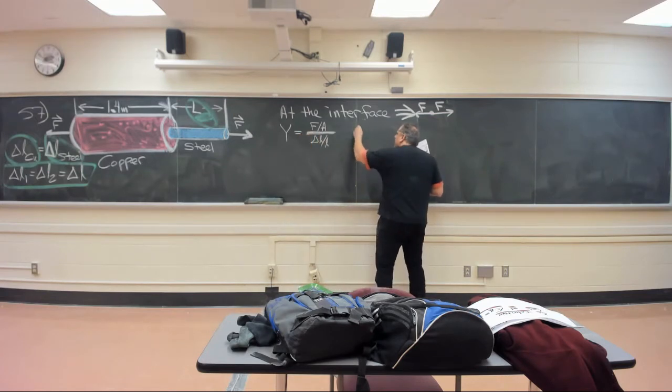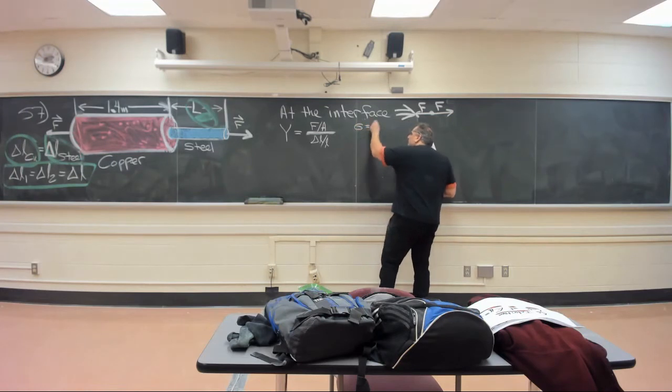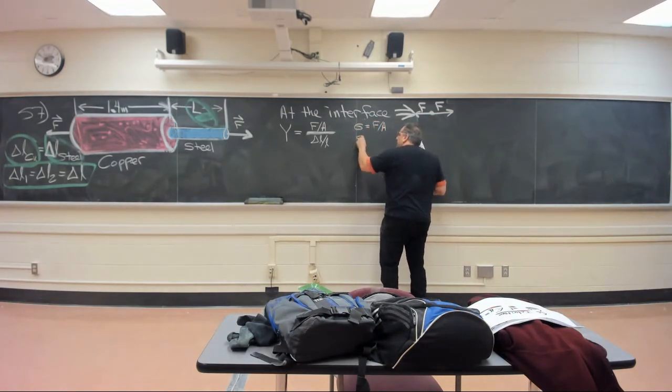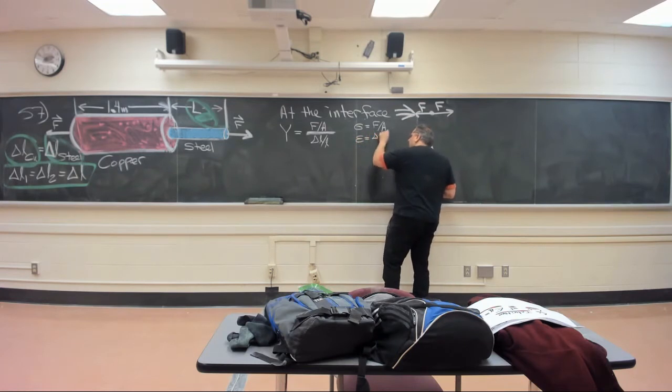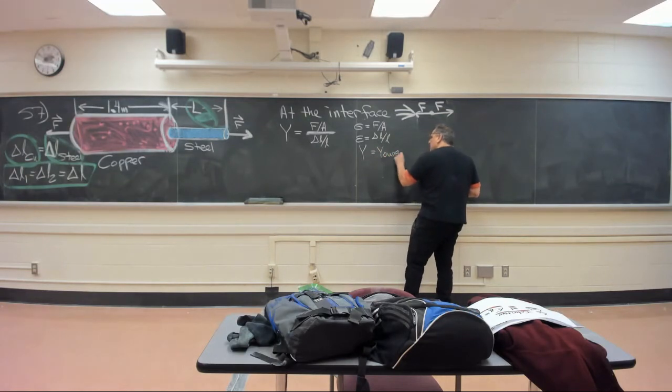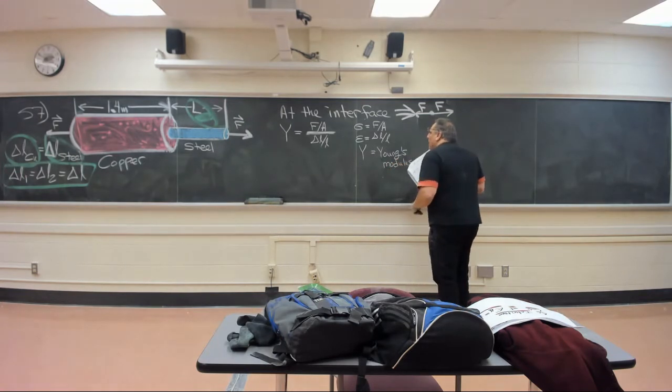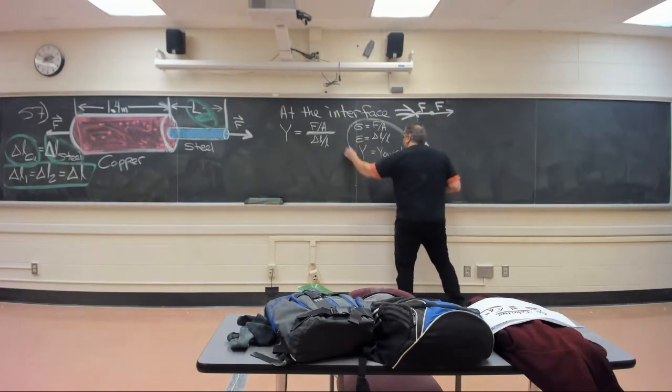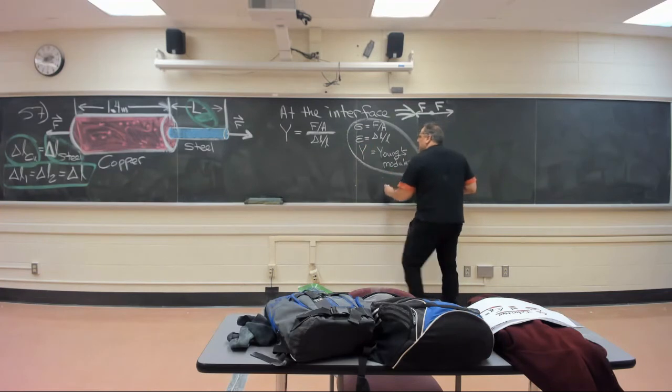And as we said, sigma was F over A. That's the stress. The strain is delta L over L. That's a constant. You know, so Young's modulus. We said this, we got all that, which explains this.